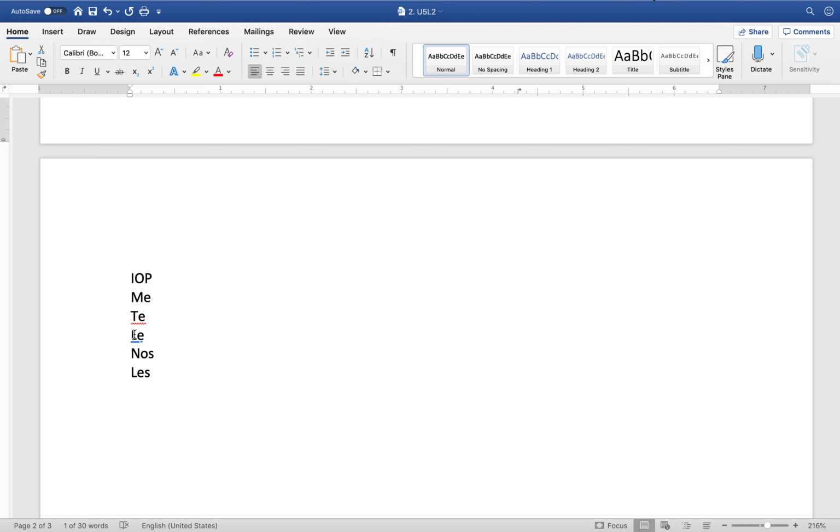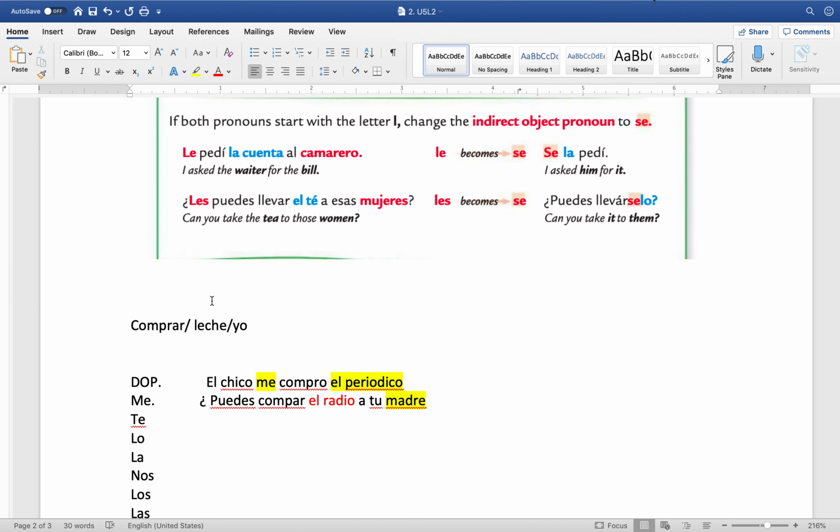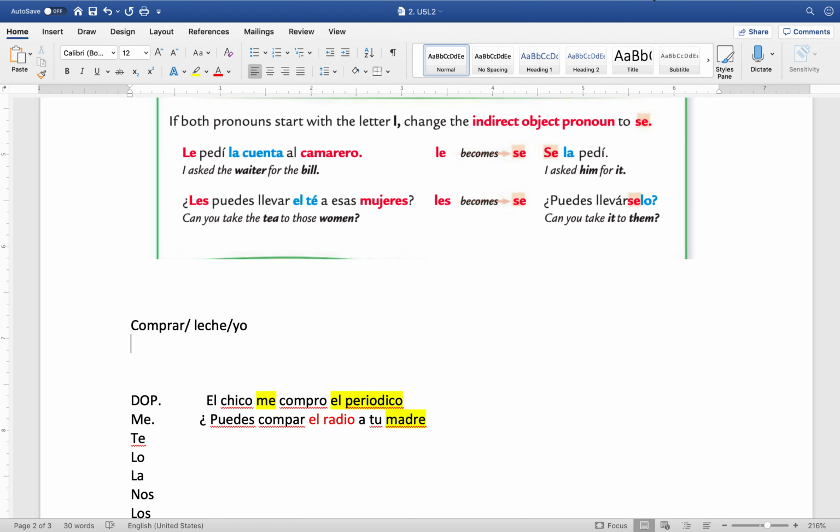The indirect ones are about people most of the time, but not all the time. When someone does something for somebody, or when somebody does not do something for someone. Then the way we learned this was with commands. Remember, with commands, you attach the pronouns when you say buy it for her. For example, here I'm going to give you a command: buy the milk for me.